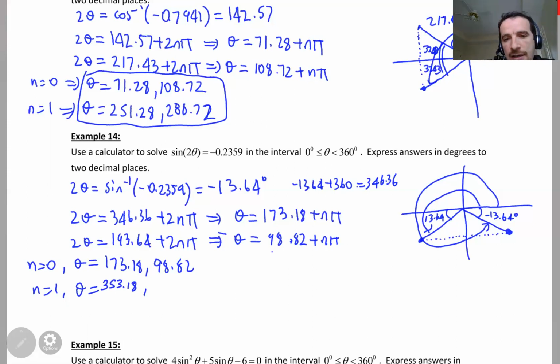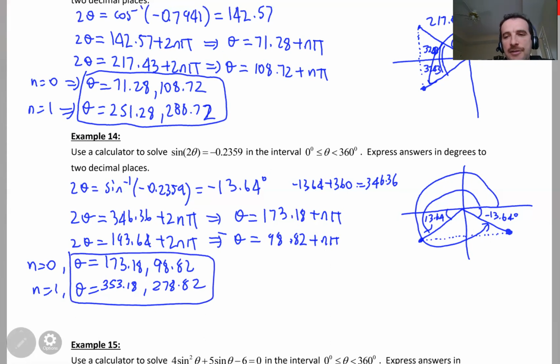And from the other one, 98.82 plus 180 is 278.82. If I add one more pi, it will be bigger than 360. So these are all my solutions.